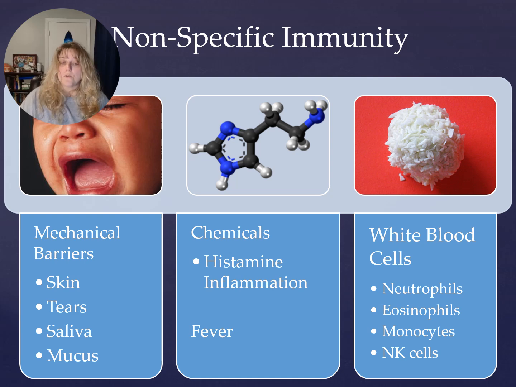You have chemicals such as your histamine that gets released in the case of inflammation, and also fever. Fever falls in on that. It's nonspecific immunity. And then you have the white blood cells, which include your neutrophils, the eosinophils, the monocytes, and the NK cells.